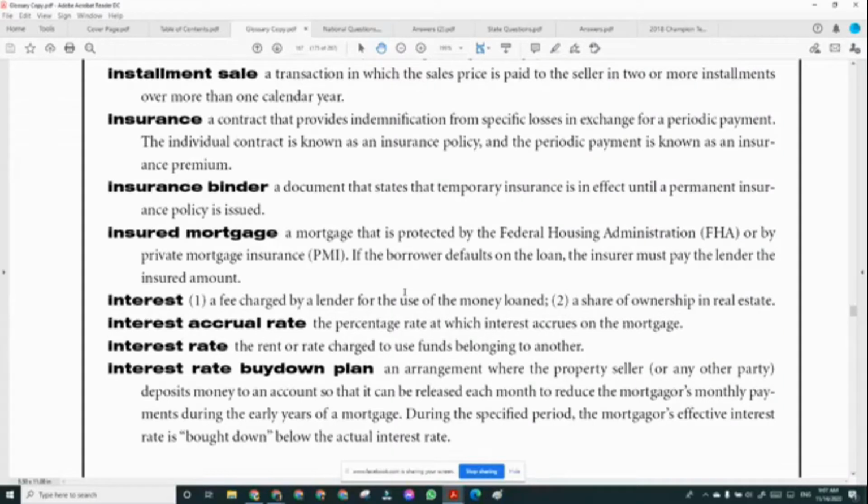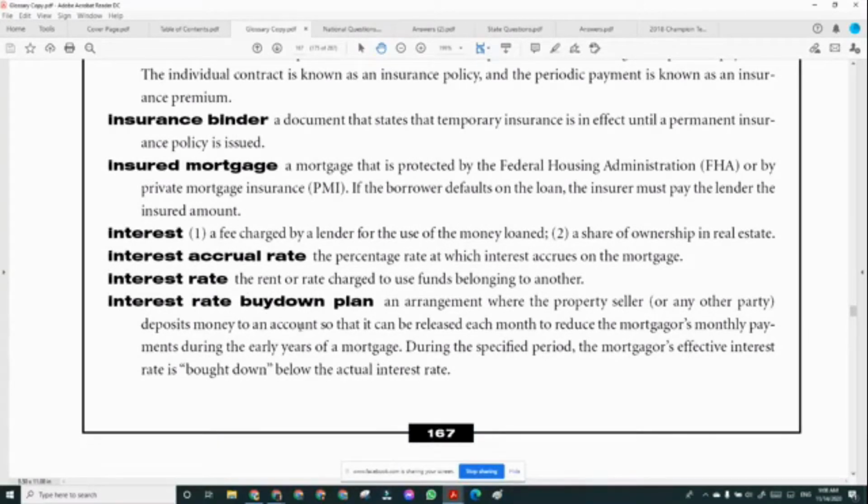So the buyer will end up searching for insurance companies, and we can recommend 3, or they find their own and get a quote, and then they pay for the insurance. The insurance company gives them a sheet of paper that's called the insurance binder, that they now have insurance, and they'll provide it to the lender. And that way the lender knows the property has been insured.